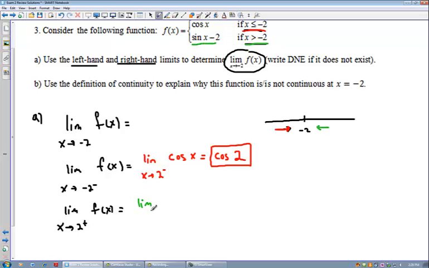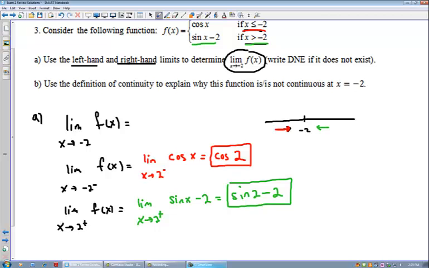So this is going to be the limit as x goes to 2 from the right-hand side of f of x, which is going to equal, why don't I just plug in the limit there, right? So the actual function, sine of x minus 2, and that's going to equal, plug in a number, sine of 2 minus 2. And so I get sine of 2 minus 2.